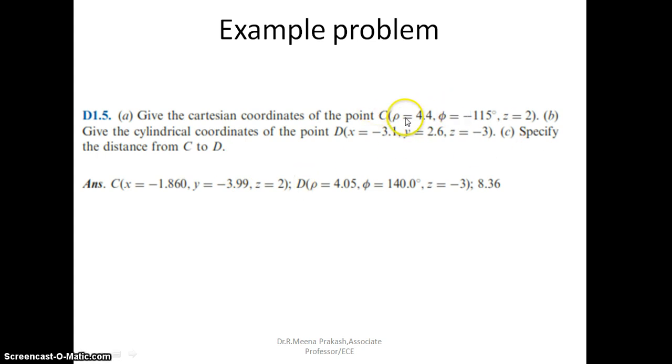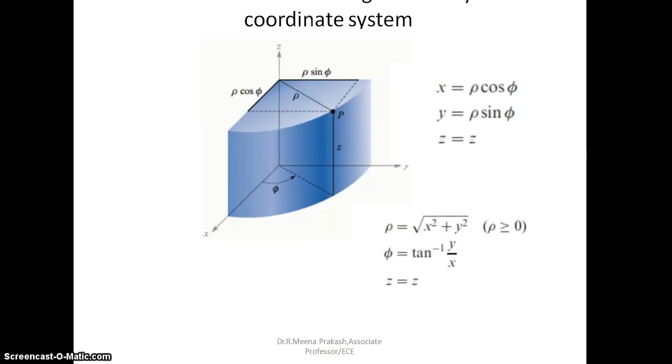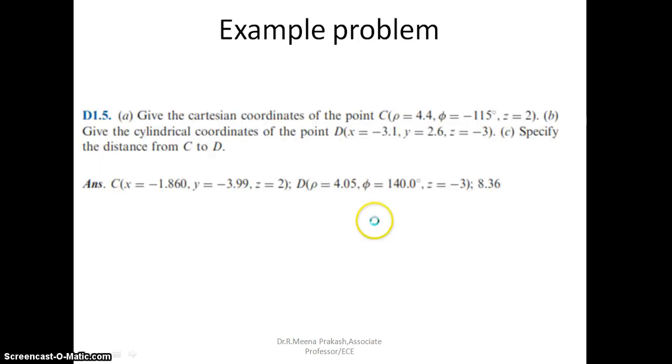C of rho, phi, z may be converted into x, y, z. The formula to convert from cylindrical to rectangular is x equal to rho cos phi, y equal to rho sin phi, and z equal to z. Convert this and we arrive at the point C of x, y, z.